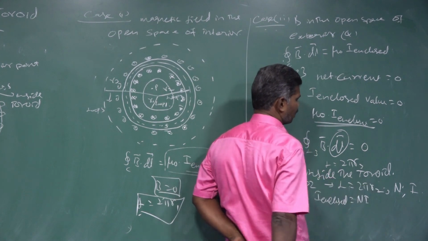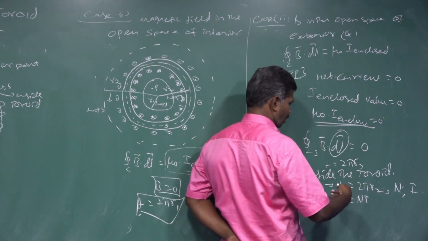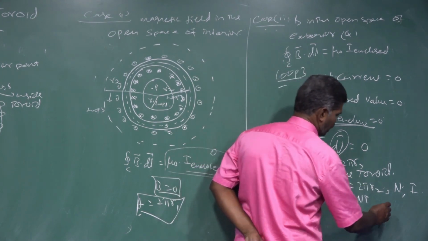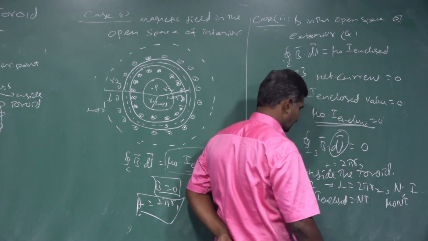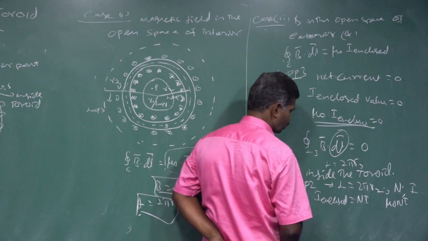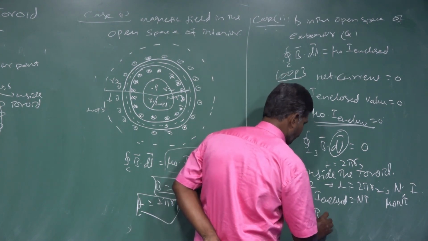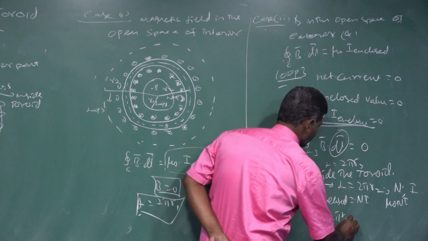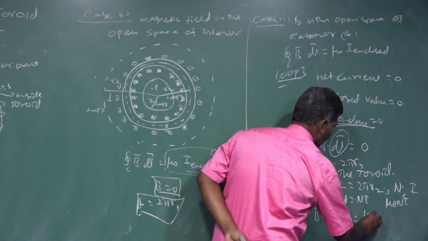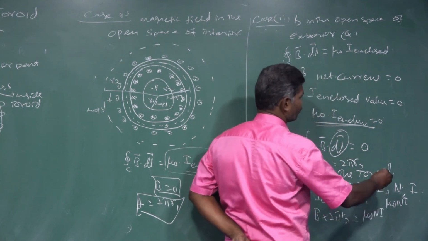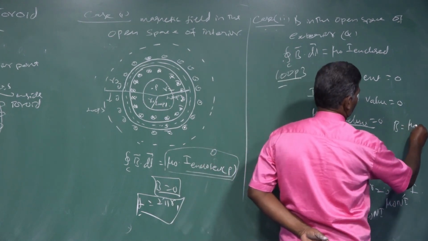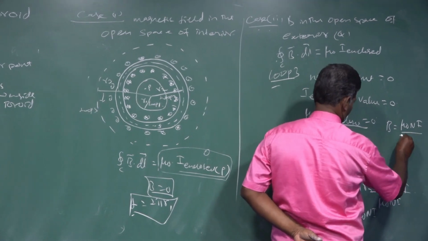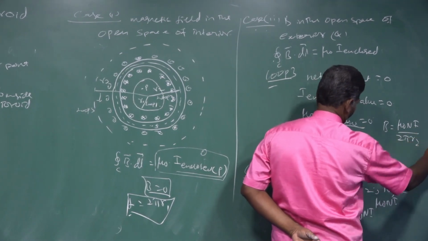The right side is mu naught NI, and the left side is B into 2 pi R2. So B into 2 pi R2 is equal to mu naught NI, and from that B is equal to mu naught NI by 2 pi R2.